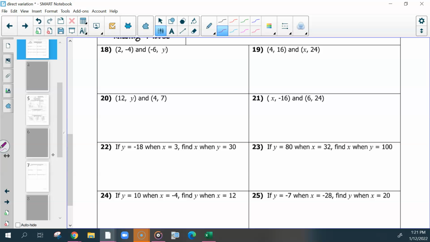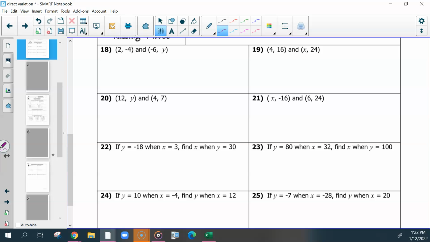And we'll do 2 one way and 2 the other way. For this one, if you're given 2 sets of ordered pairs, you could either find your value of k, put it into your equation, and then solve for your variable, or you can set it up as a proportion. So we'll do the proportion way for this one and then the other way for the next one.